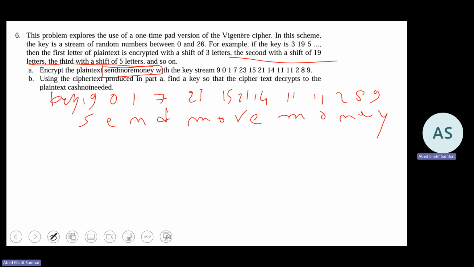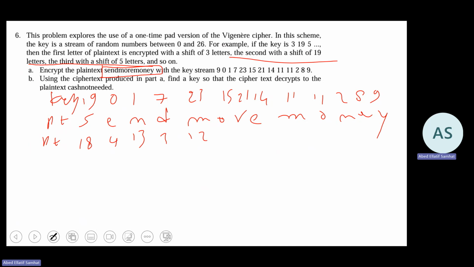of each letter. So remember, I want just to check on the slide, so it will be 18, 4. So this is the plain text. 4, 13, 3, 12.